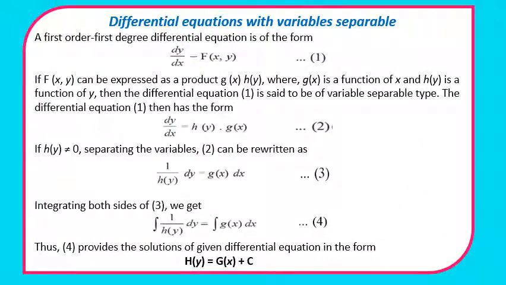So what is a differential equation with variable separable? If we have a differential equation dy upon dx as a function of x and y, and somehow we can separate x to one side and y to the other side along with dx and dy. So y and dy should be on one side, x and dx should be on the other side.